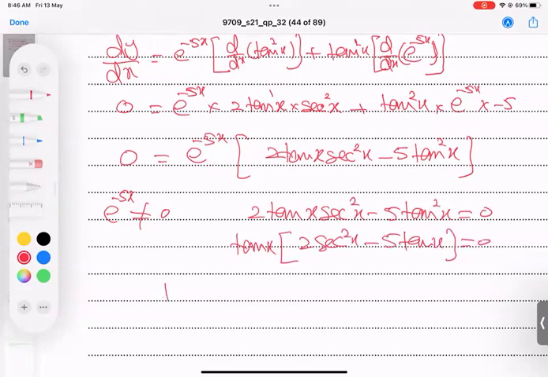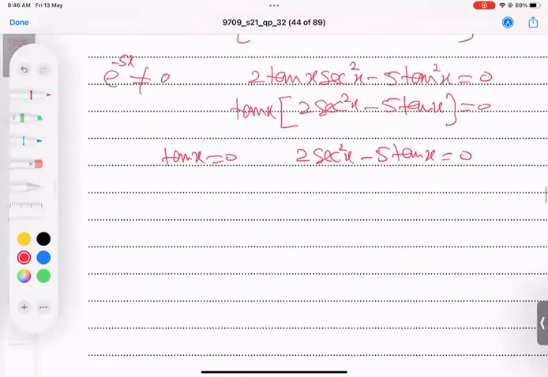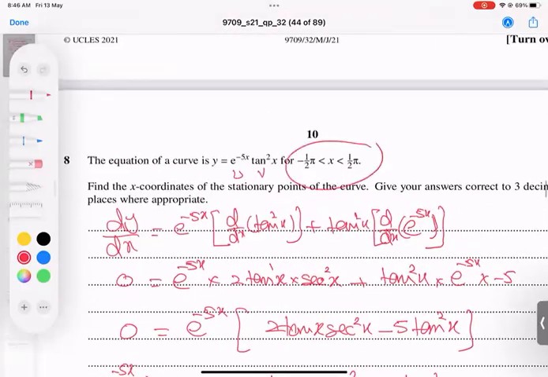Same story. Either tan x is equal to 0 or 2 secant square x minus 5 tan x is equal to 0. And what is my target to find, first, negative pi by 2? So it means this and this.